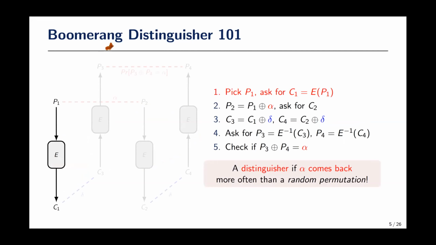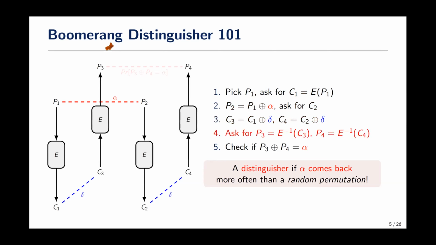First, the attacker picks P1 at random and asks for the ciphertext C1. Secondly, he composes P2 by adding a difference alpha and gets the ciphertext C2. After that, he composes C3 and C4 by adding the difference delta to C1 and C2.